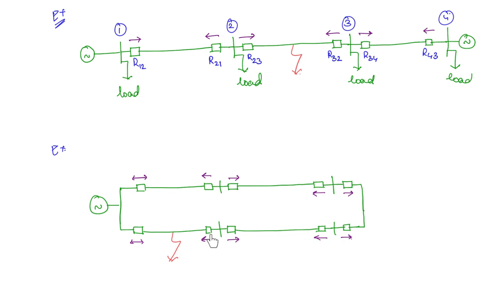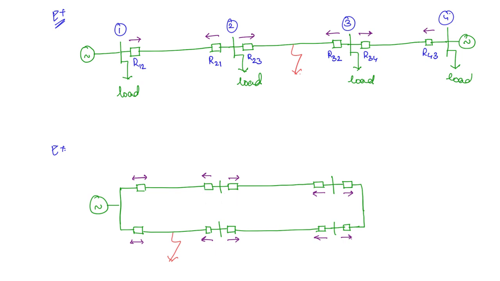This relay should operate only when there is a fault in this line, and when there is a fault in this line, the fault current will flow in this direction. That means this relay will operate only when fault current is in this direction. That is why it has a directional component, whereas the relays near the generator end don't need one, because there is no transmission line between the generator and these breakers.